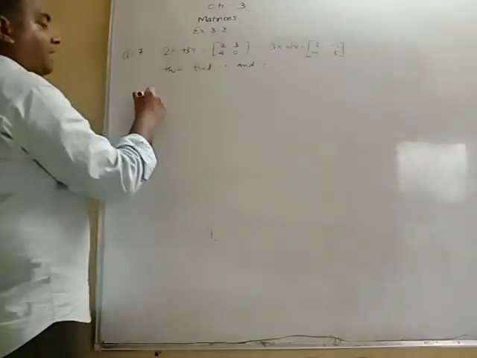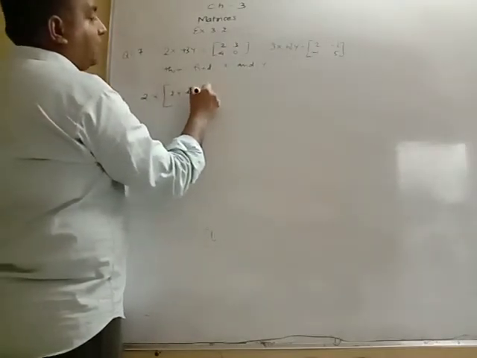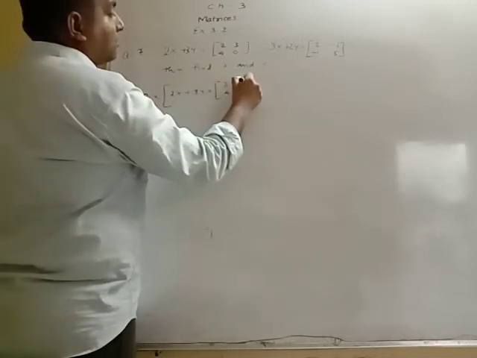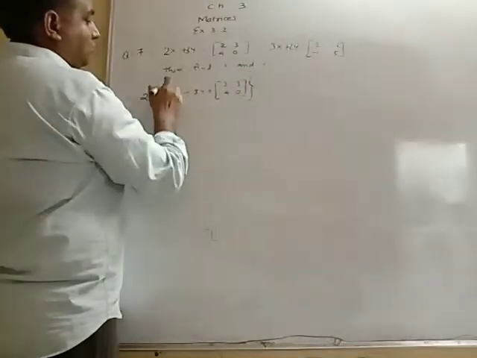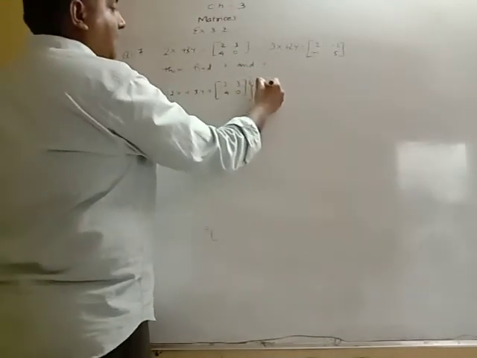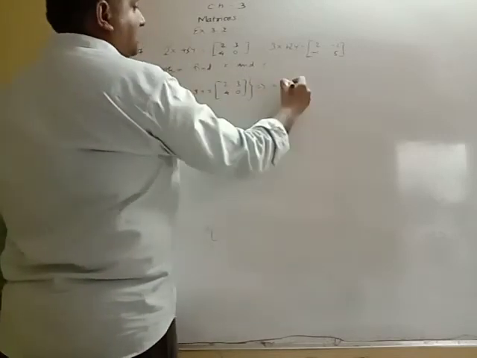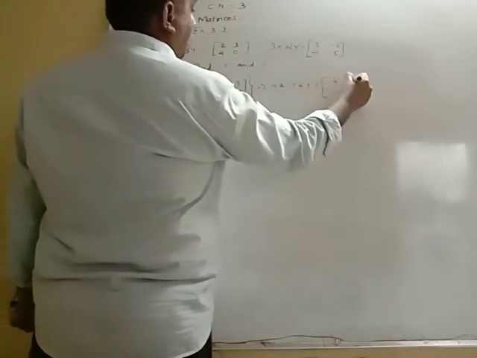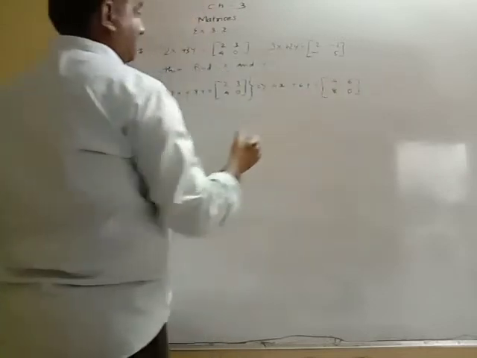Then 2 multiplied by 2x plus 3y equals 2340. Then we get 4x plus 6y equals 4680.